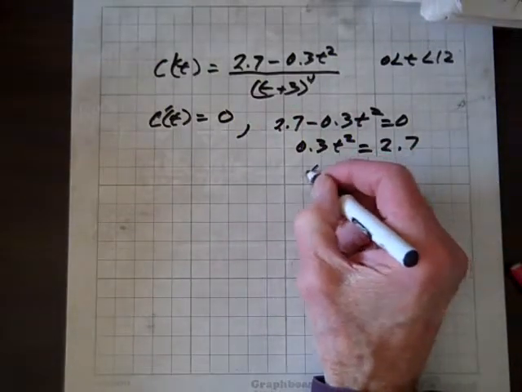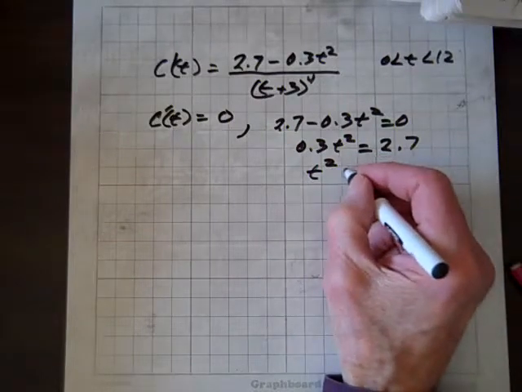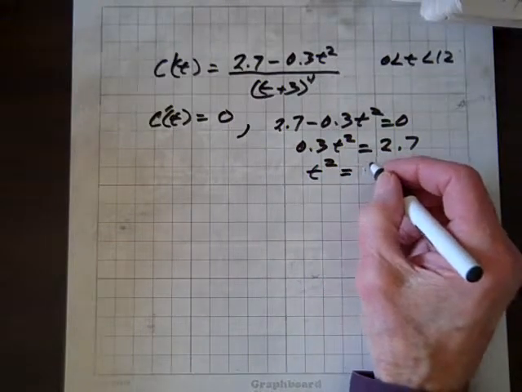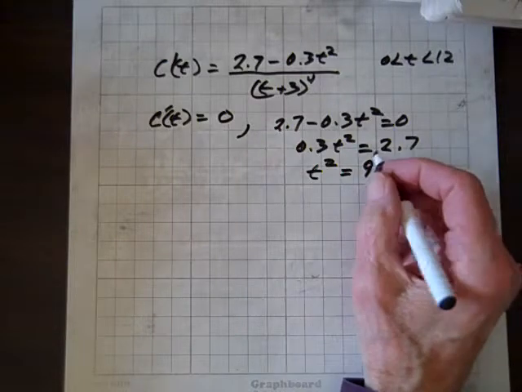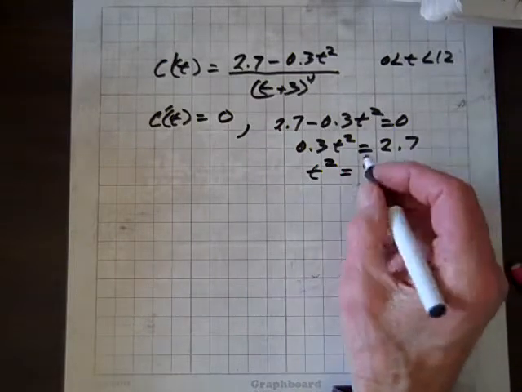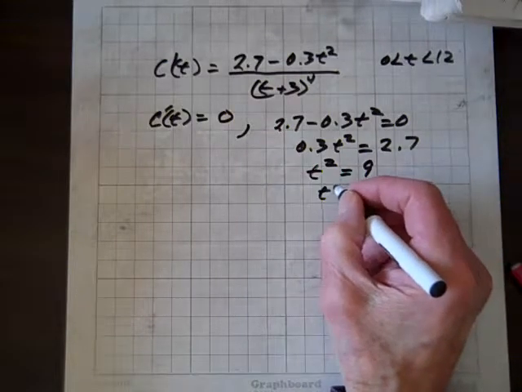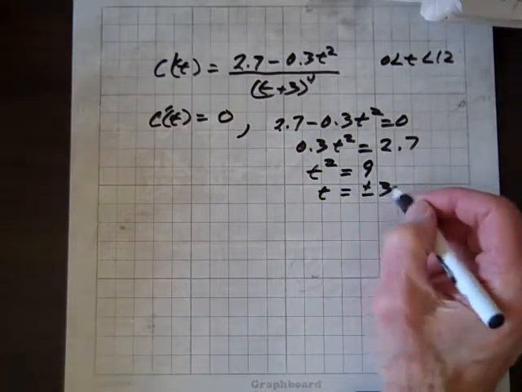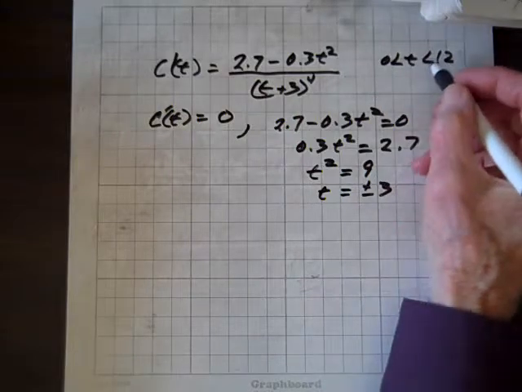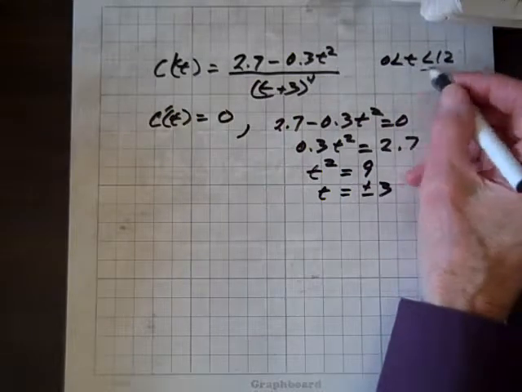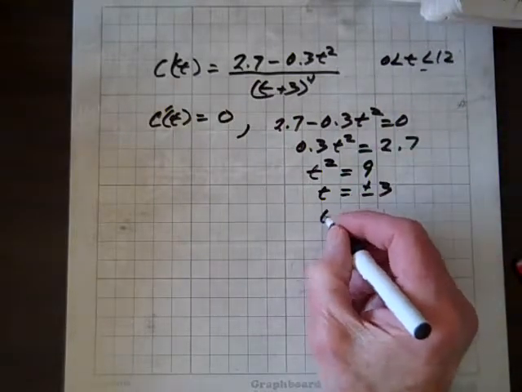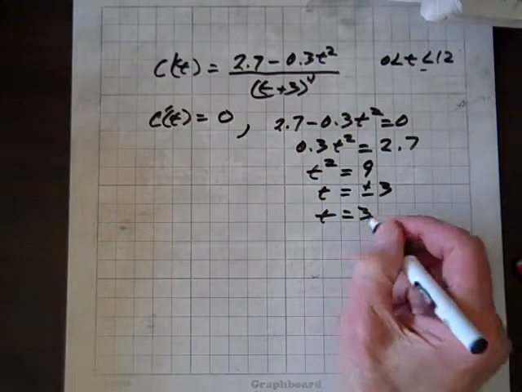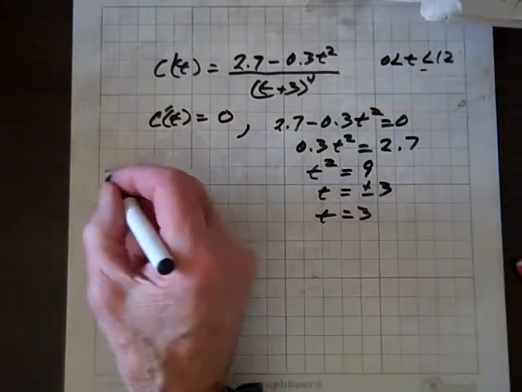So now t squared, dividing through by 0.3, equals 9. 0.3 into 2.7 is 9. So t equals plus or minus 3. But we're going to throw out the negative because negative 3 is not on this interval. So t equals 3.